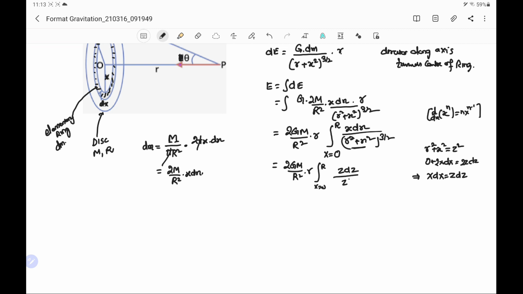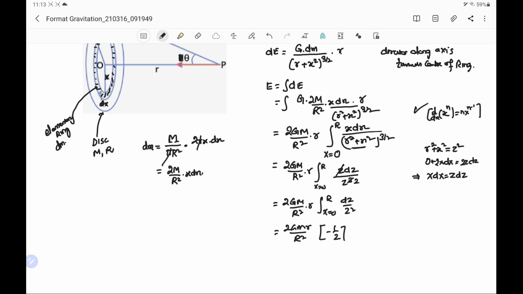It will be simply z cube. It is equal to 2GM upon R square into r. This z will cancel, so it is z square, integral x equal to 0 to R, dz by z square. If we integrate this, 1 by z square, it will come with this formula: 2GM r by capital R square into minus 1 by z.